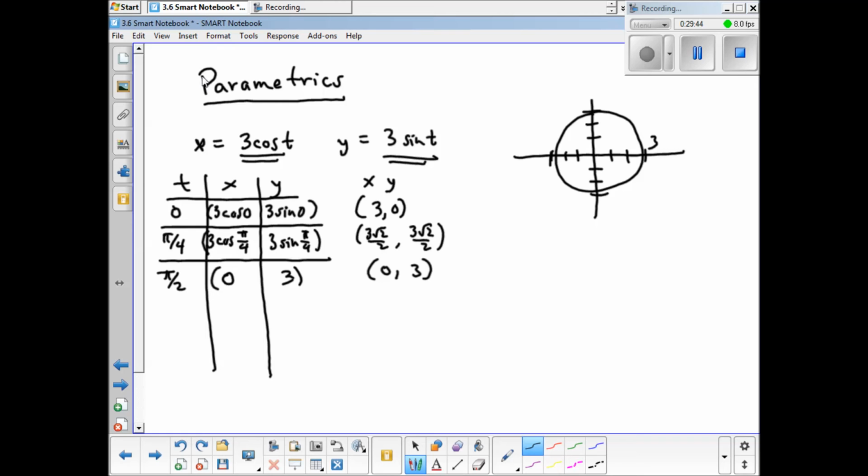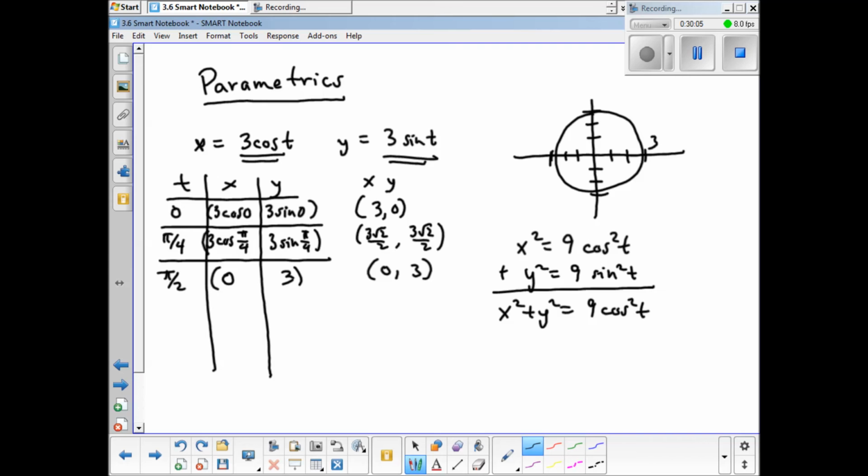And what's really satisfying is when you realize that had you squared those two equations to begin with and added them, you would have ended up with x squared plus y squared equals 9 cosine squared t plus 9 sine squared t, which in turn, if you factor out the 9, is just 9, because the cosine squared plus sine squared is 1.